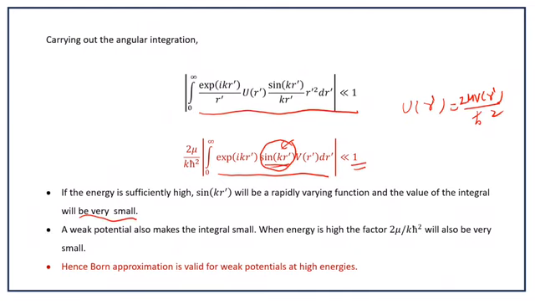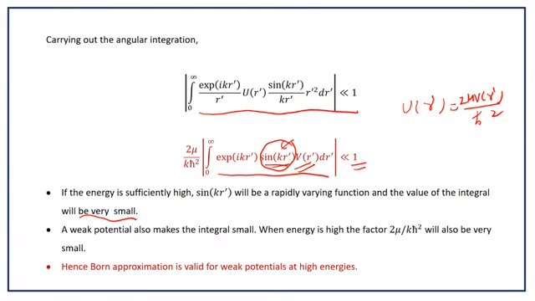In case of weak potential, V r dash is very small, this term is smaller than 1. Hence, Born approximation is valid for weak potential at high energy.